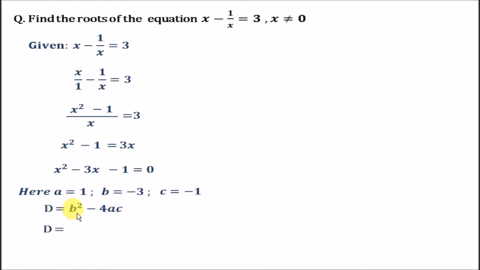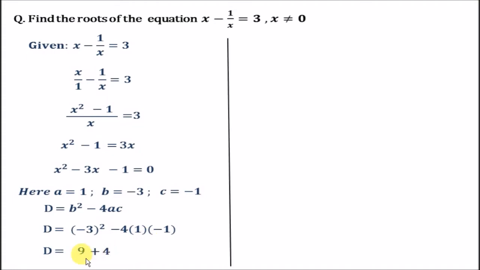On putting the values, D equals minus 3 whole squared minus 4 into 1 into minus 1. D equals 9, minus into minus plus, 4 1s are 4, that is plus 4. 9 plus 4 will give us 13, so the value of the discriminant is 13.